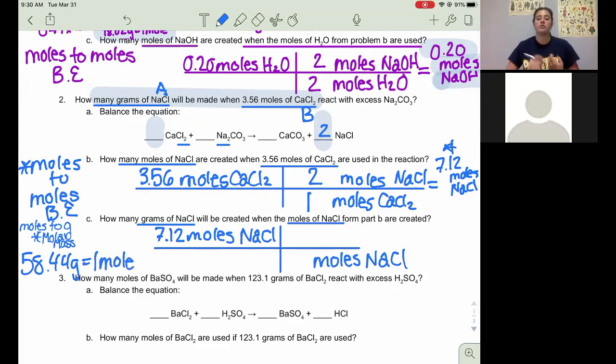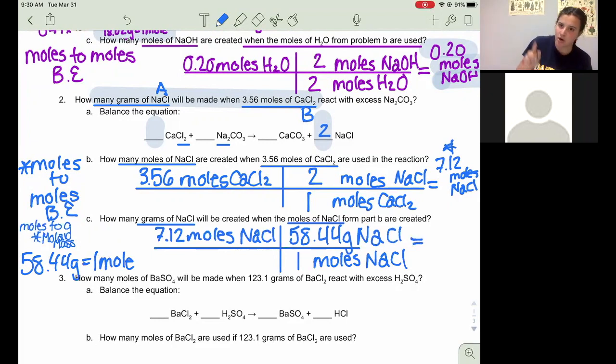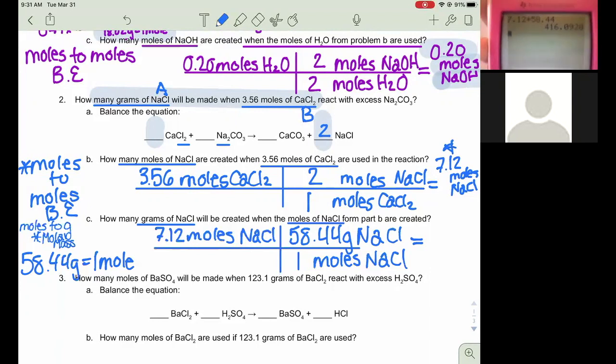So we need to plug this in. We have moles on the bottom, which means we only have 1, and that means our grams go on top: 58.44 grams of NaCl. That means our final number of grams that can be produced from 3.56 moles of calcium chloride is going to be 7.12 times 58.44. I'll show you my work right there.